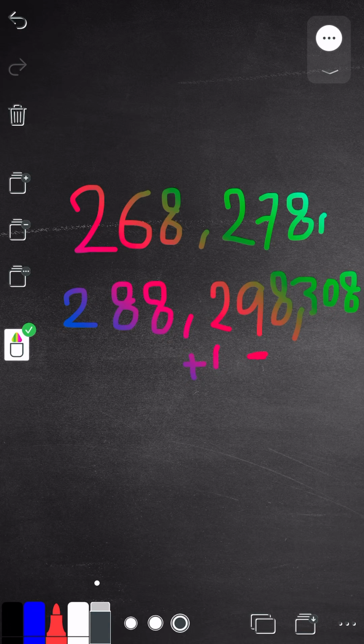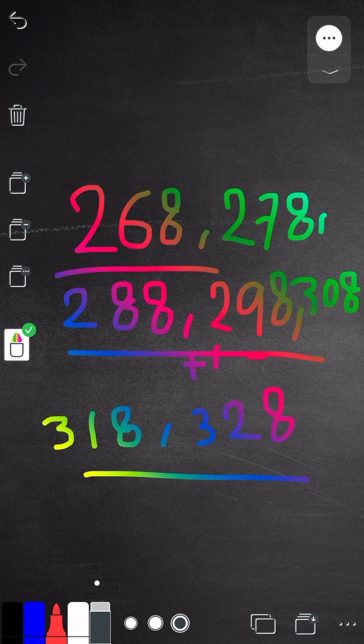Now add 10, it's 318, 328. So this is a sequence, and a sequence is a group of numbers that are next to each other, and they are adding up or becoming larger or smaller according to a fixed number.